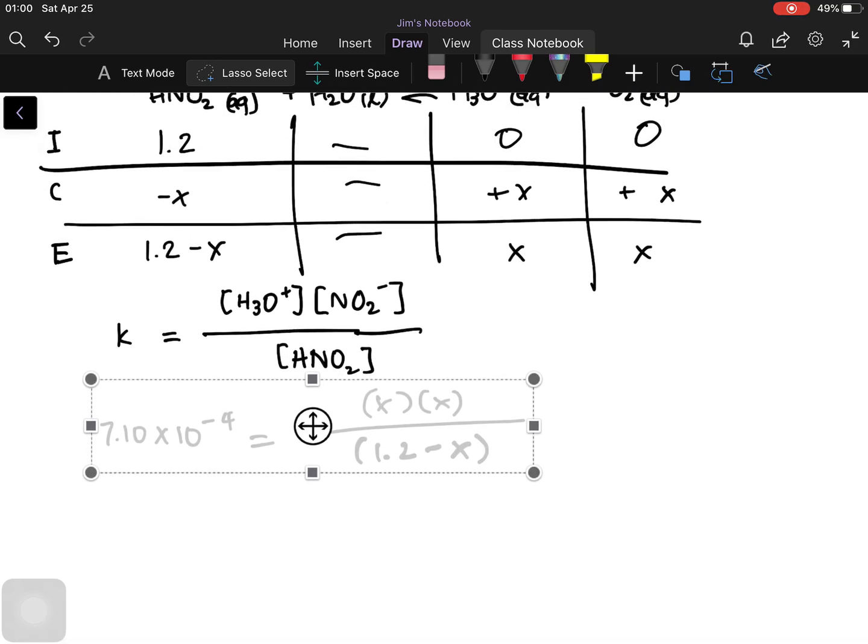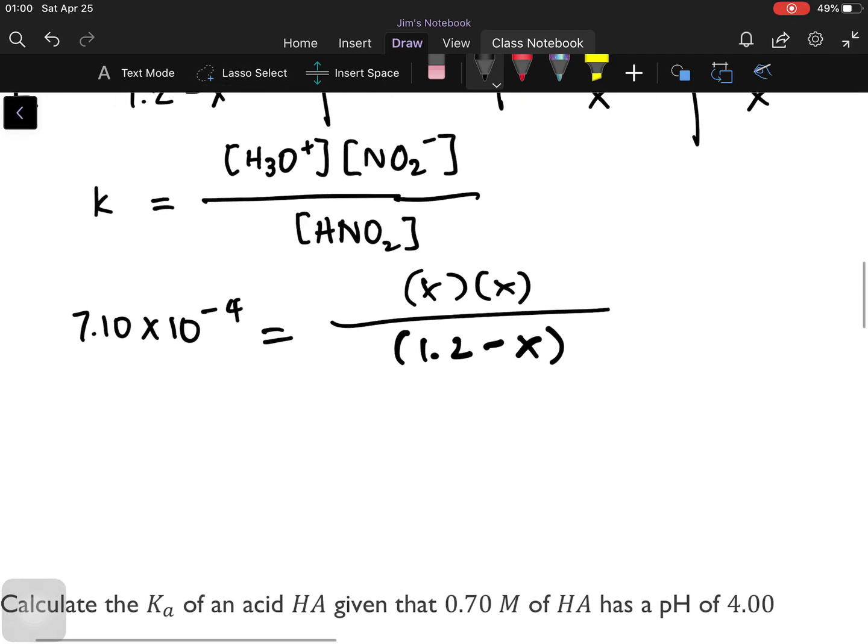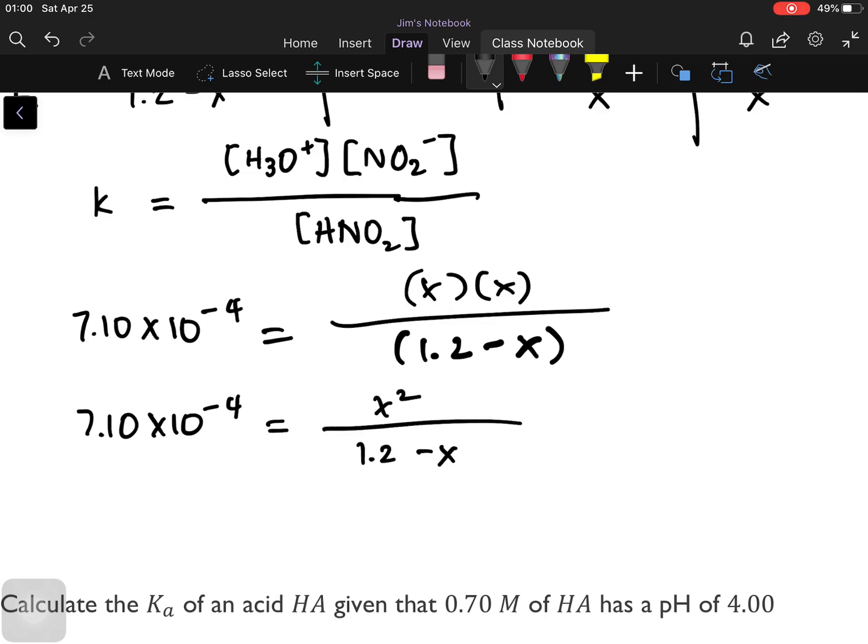Okay, so we have space here. So I'm going to simplify the term. So that's 7.10 times 10 raised to negative 4 equals x squared over 1.2 minus x.